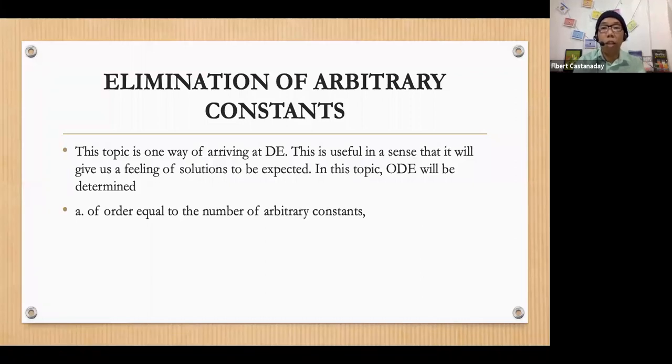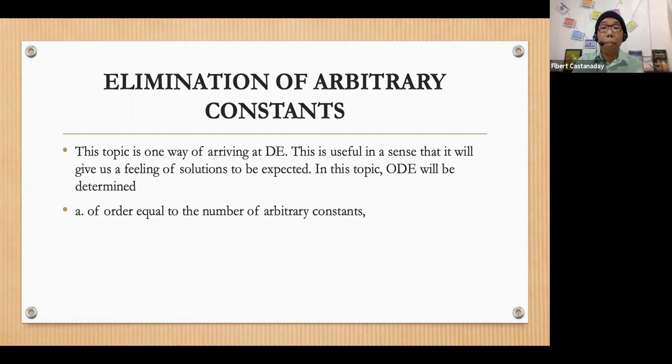When the given equation contains two arbitrary constants, its ODE or differential equation is second order. If the given relation or function contains three arbitrary constants, the ODE of that equation or relation is third order.